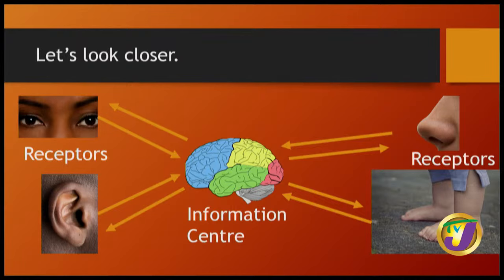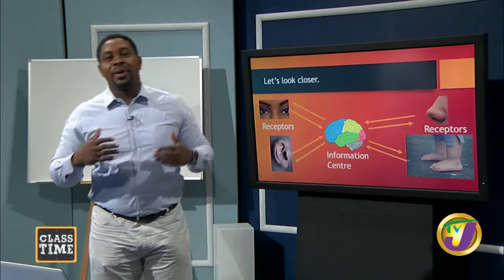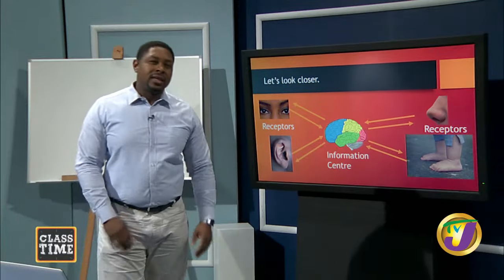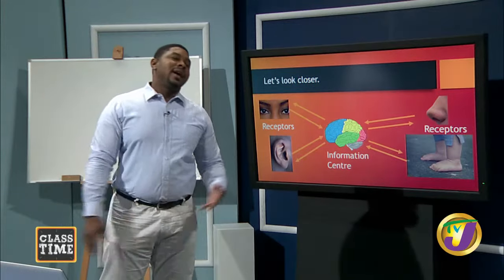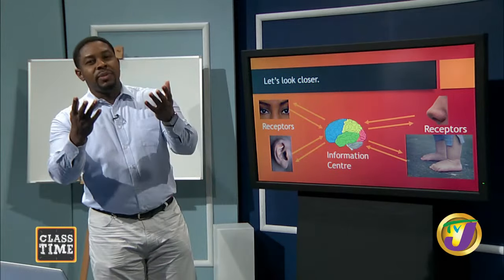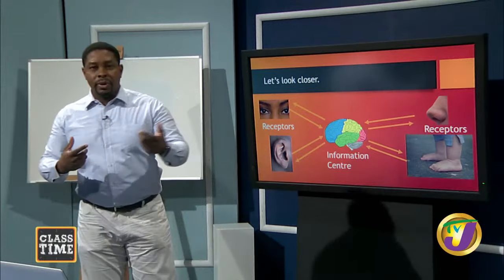So let's say you smell your mother's cooking. Because of the knowledge that might exist in your mind already, you might say, okay, mommy cooked curry goat. Maybe she decided that's what she wants to cook, and you can't bother because you know the smell of curry goat. What is happening there? Simple.